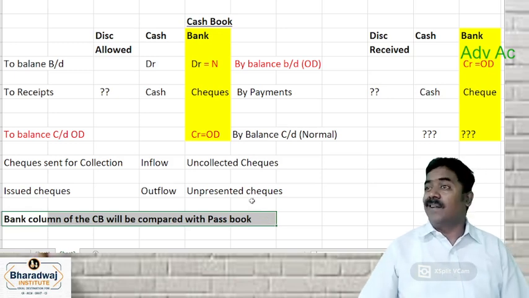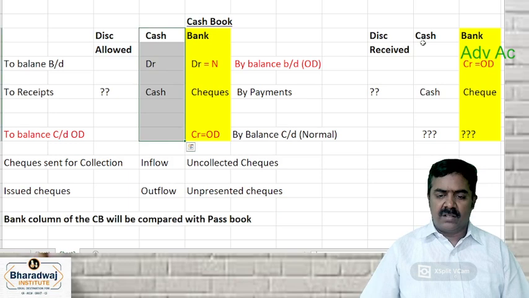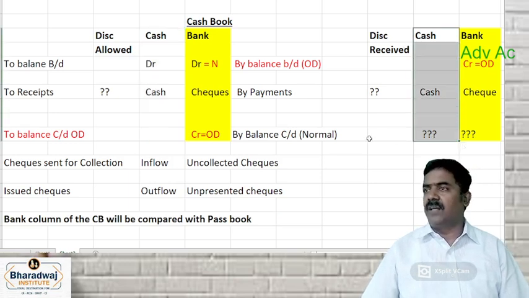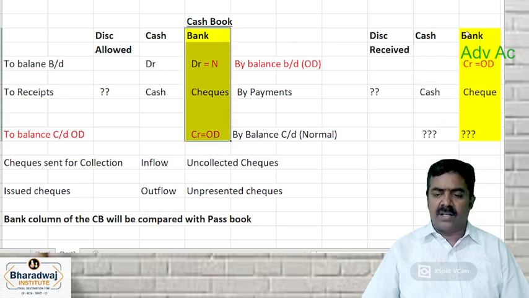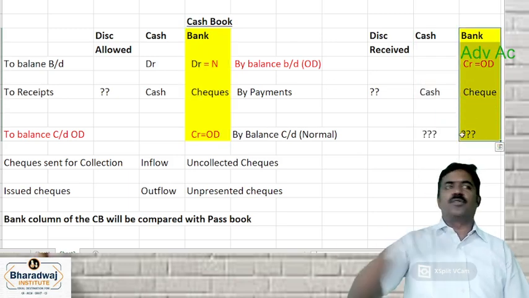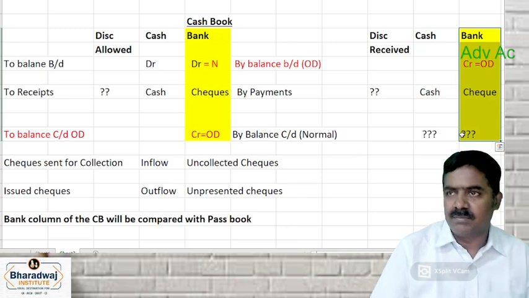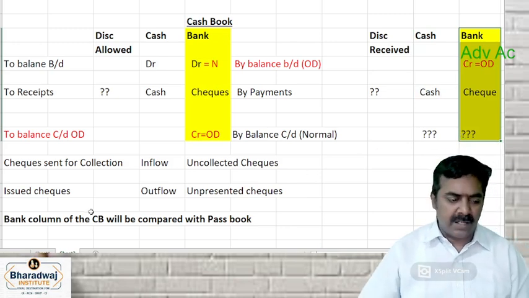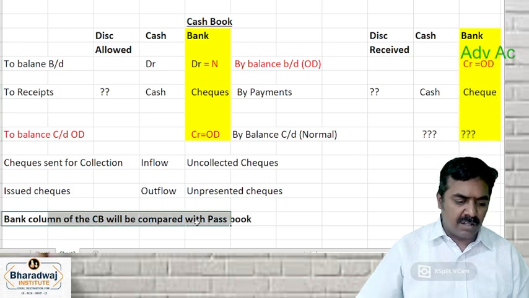So what is not relevant for preparing BRS? Cash column is not relevant. What is entered by the customer in bank column is what is going to be recorded by the banker in which column? Passbook. Clear? So for preparing BRS, bank column of the cash book will be compared with which one? Passbook.